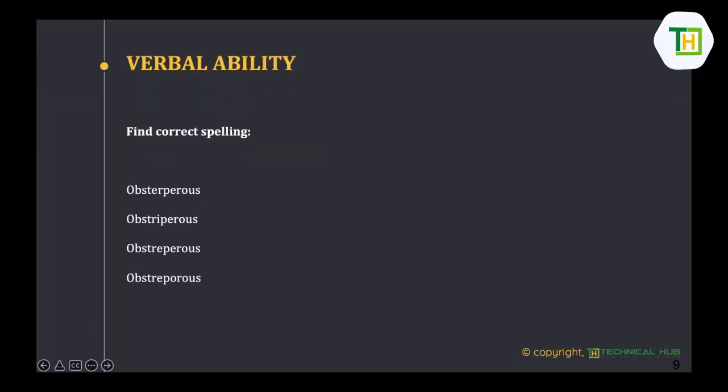So first of all, what is this word? Obstreperous. When you look at a word, you'll understand which is correct, through the syllables.